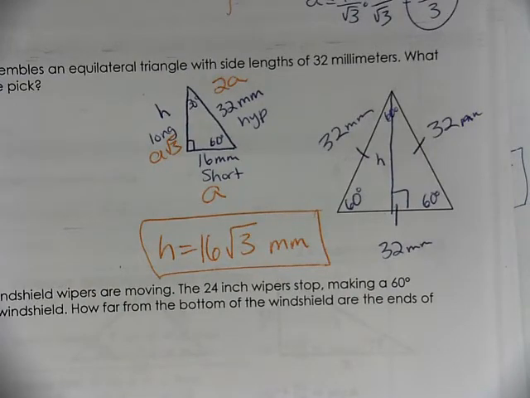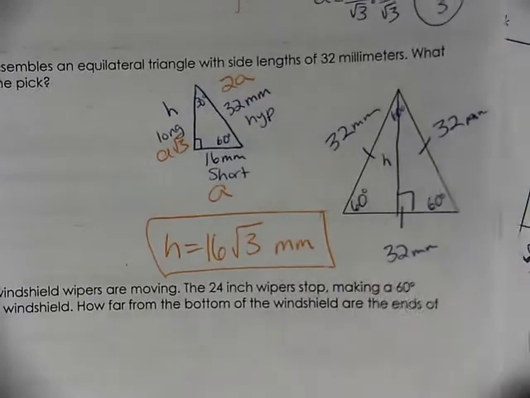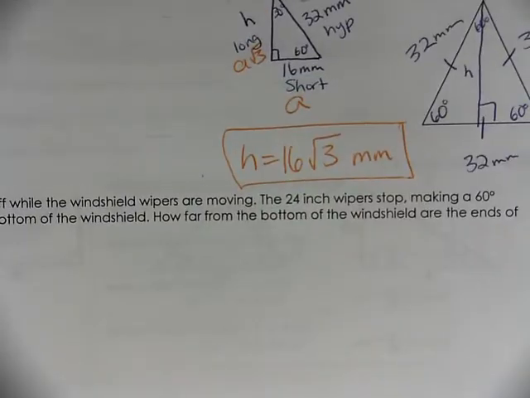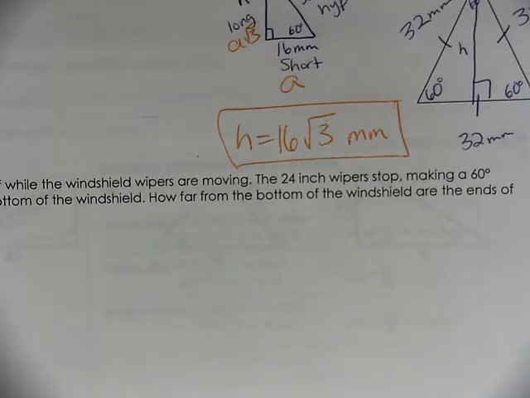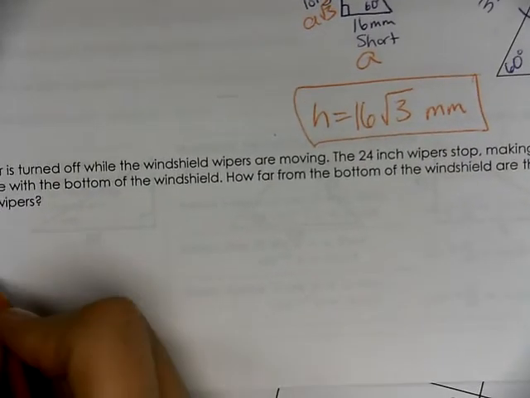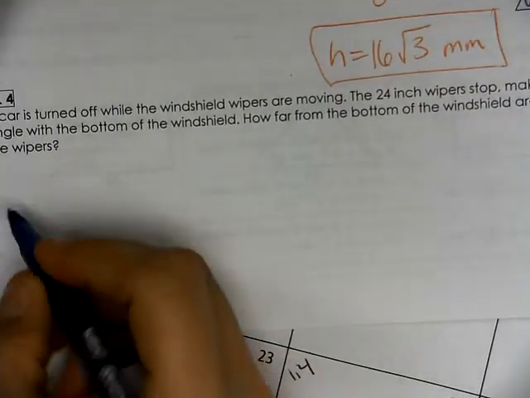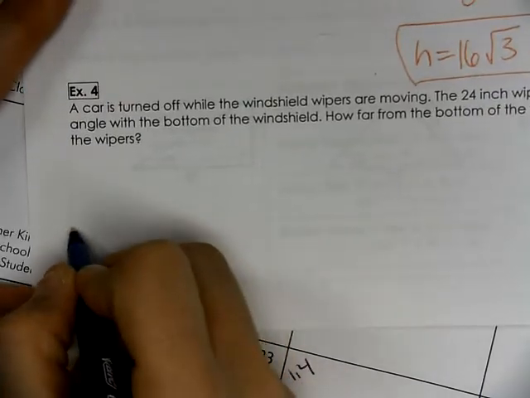Okay, last one. Ready? A car is turned off while the windshield wipers are moving. The 24-inch wipers stop, making a 60-degree angle with the bottom of the windshield. How far from the bottom of the windshield are the ends of the wipers? Okay, so this is a hard picture for me to draw. Here's my car.